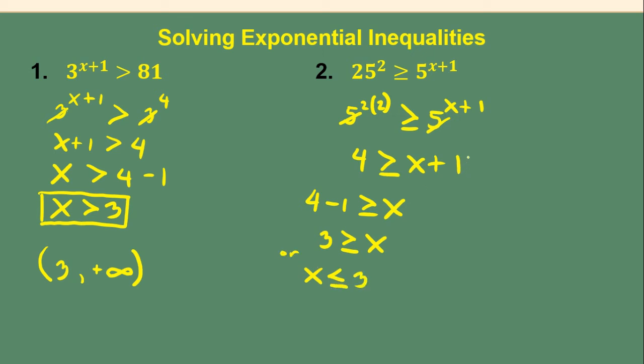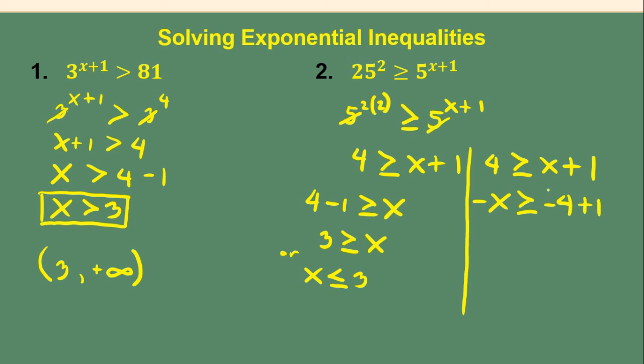And then for another way to solve this inequality, 4 is greater than or equal to x plus 1. And then we are going to move x to the left side. So from positive x, that will become negative x. And then 4 goes to the right side, greater than or equal to negative 4 plus 1.